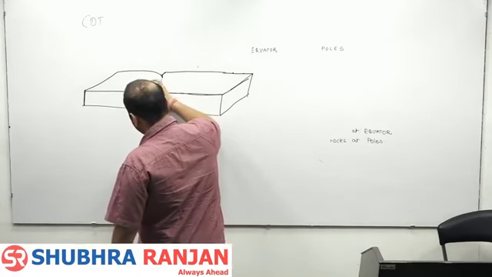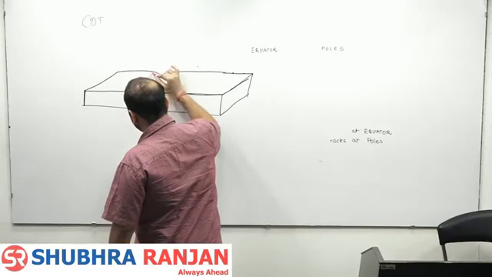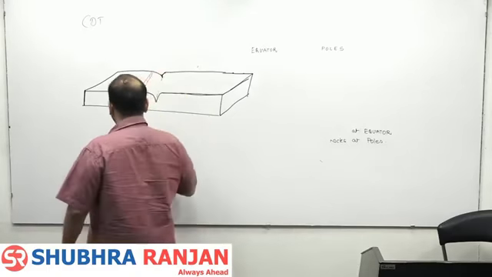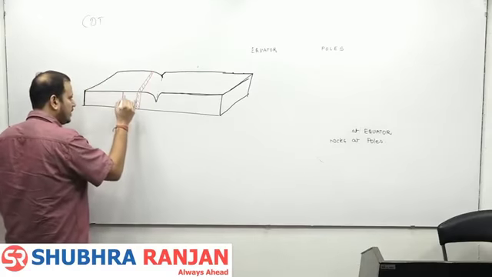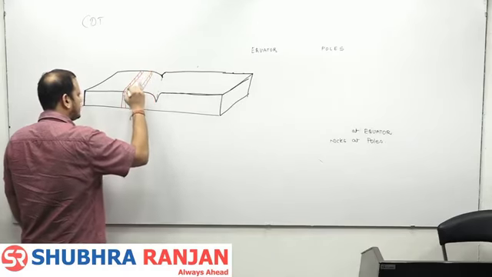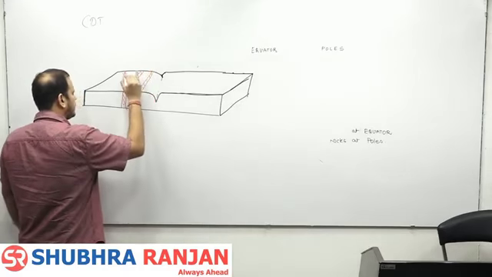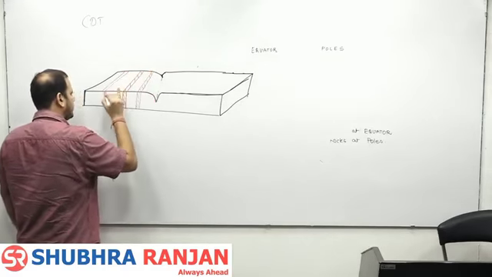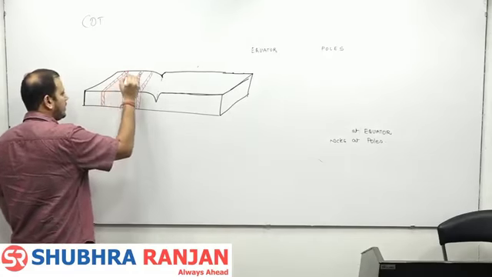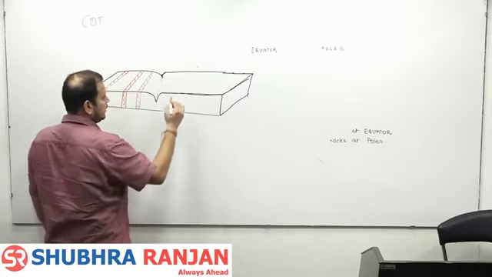If I just draw the magnetic properties, there is one parallel line, and after that there is another parallel line. Let me draw this, the same at an equal distance away from here.